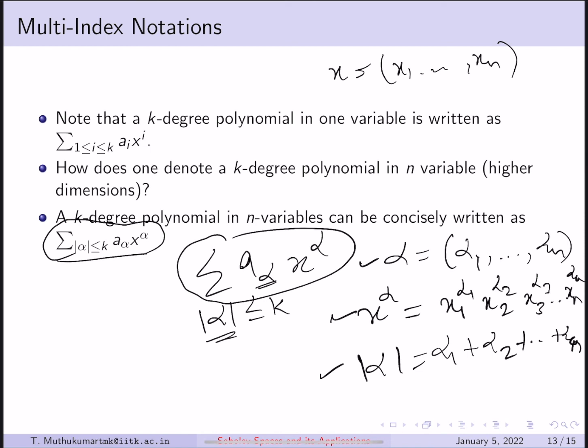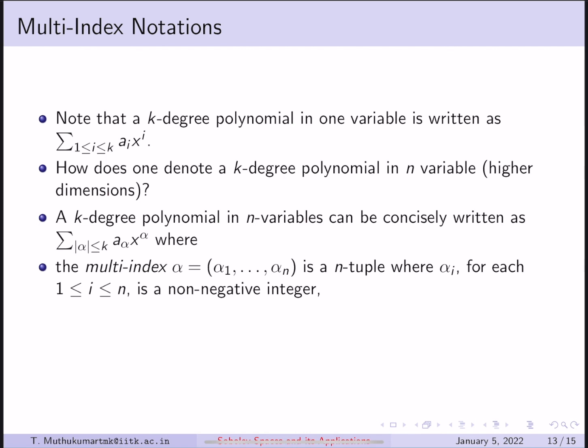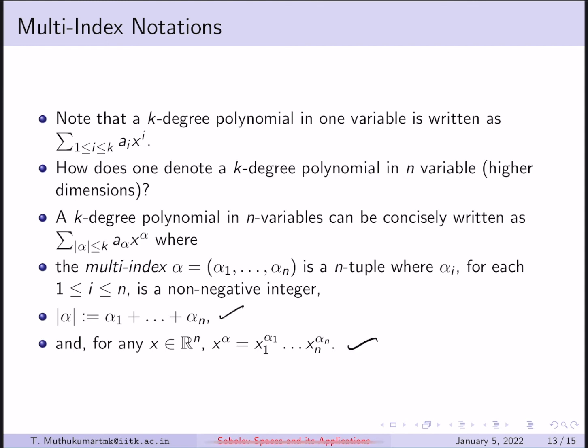We generalize this to differential operators, partial derivatives. As I said, here alpha is a multi-index n-tuple where the alpha_i's are non-negative integers, and then mod alpha is this sum, and x^alpha is this.